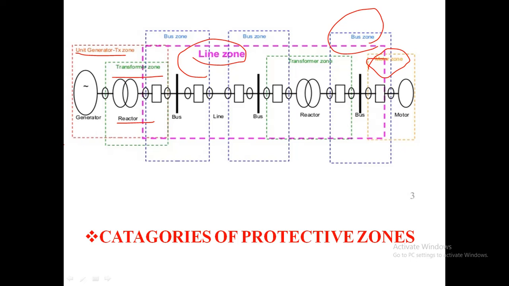Where the fault occurs, that part will be tripped off using your circuit breakers. This dark line representation is a bus. From here to here, our circuit representation is your bus zone, and here it is your motor, generator and transmission zone. These are some of the categories of protective zone.